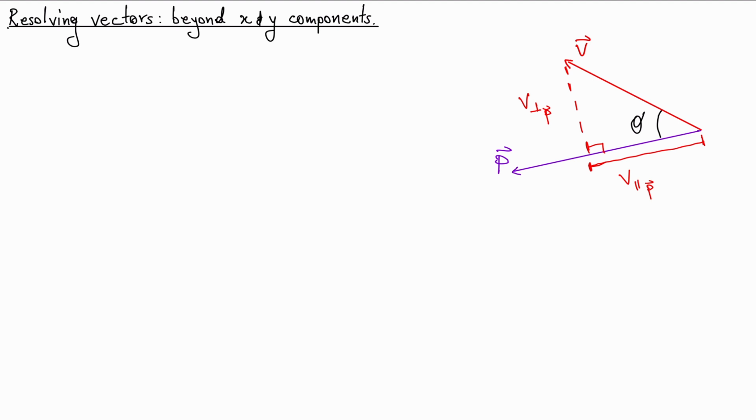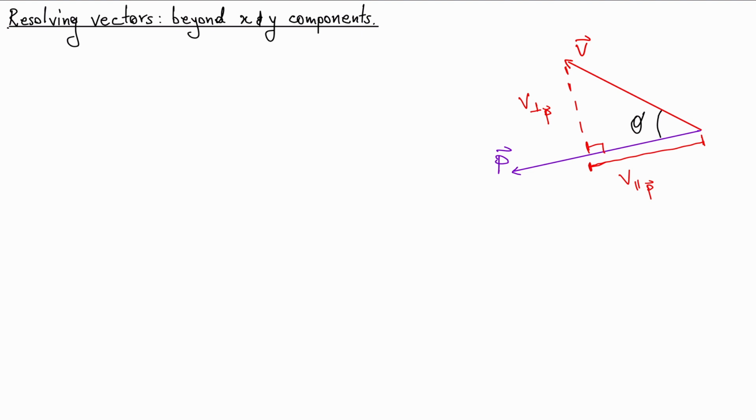So now let's find the expression of these vectors, of these components. Let me go back to the pointer. Now we are interested in understanding how we can find these two. Remember, V parallel P plays the role of an adjacent side in this right angle triangle, and we know the proper trig ratio that relates the adjacent side to the hypotenuse. That's the cosine.